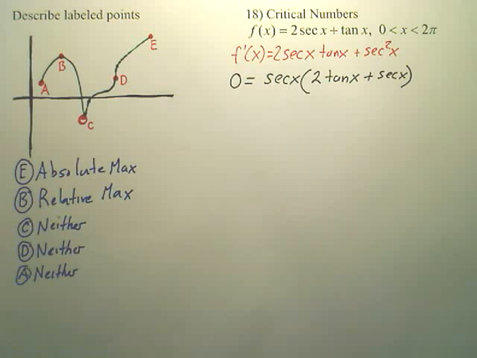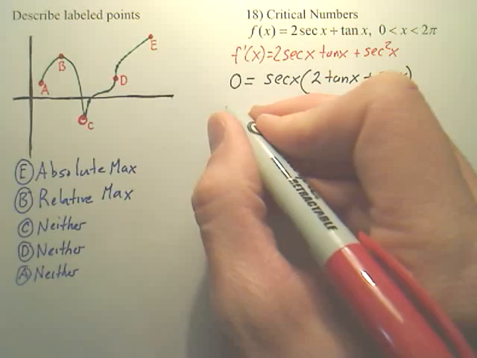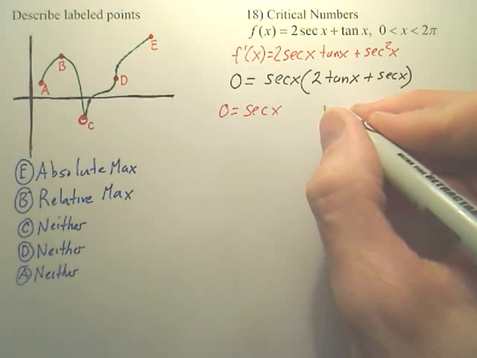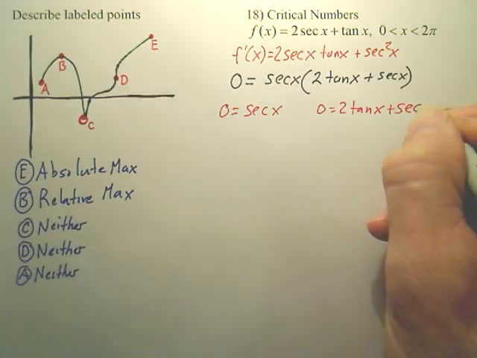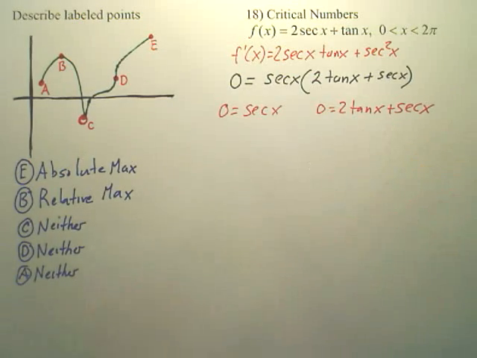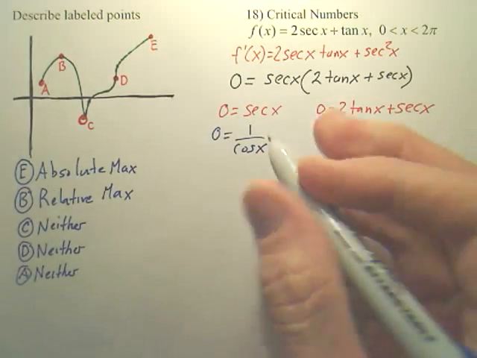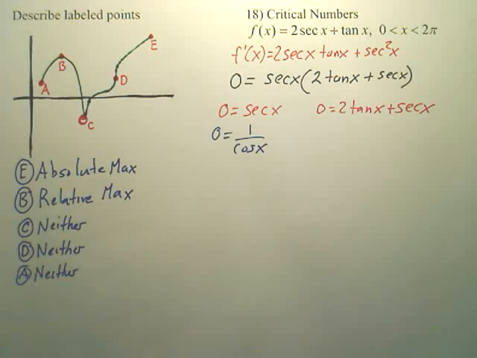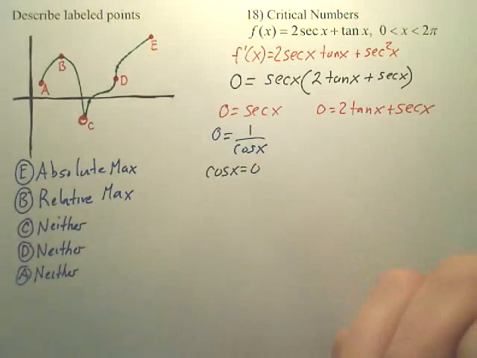From there, you set each of these equal to 0. 0 equals secant x, and you've got 0 equals 2 tangent x plus secant x. This one could be a little complicated. Hopefully this one's pretty simple. Secant x is 1 over cosine x. And for critical numbers, do we set top and bottom equal to 0? So for critical numbers, we're basically going to set when does cosine x equal 0?